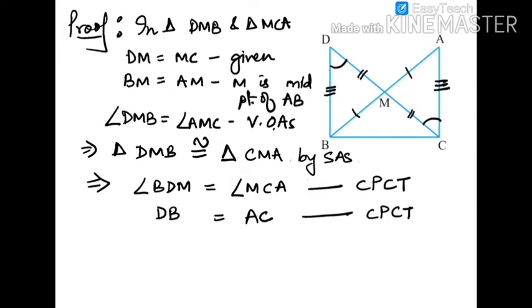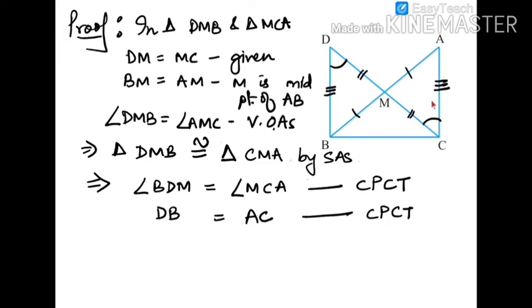Why did we choose to write down these parts? Because to prove the remaining part of the question, we are going to use them. So let us look at angle BDM equal to angle MCA with a new perspective in the figure.